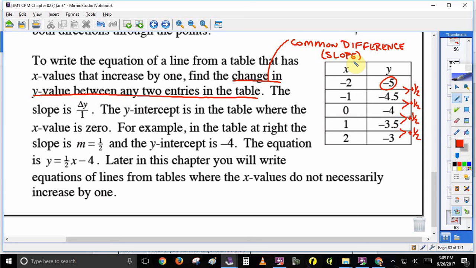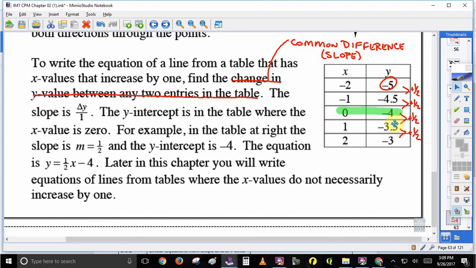And the y-intercept is going to be where x equals 0. Well, we have that right here, (0, -4). So we can get the y-intercept right there, and the common difference, or slope, right here. So then we plug it in.